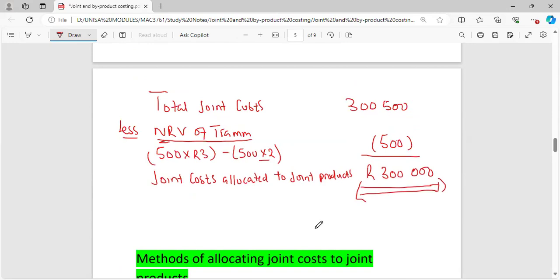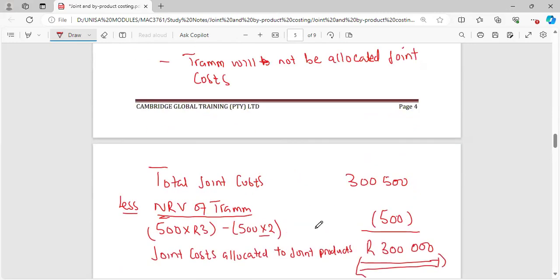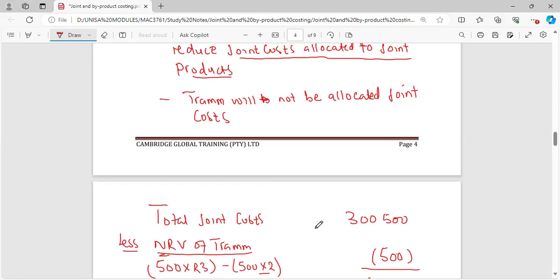Sorry, sir. I think you should also explain how we treat scrap and waste, because if they are there in the question, they also affect the joint cost. Can you speak up?